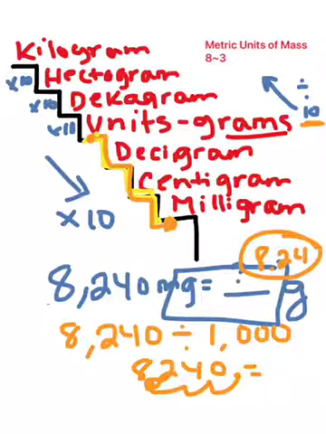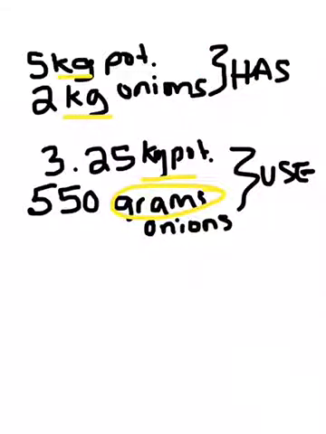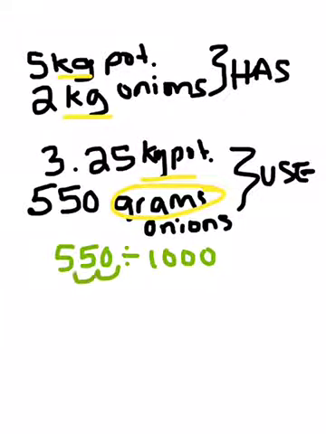So I'm going to change it to green. So 1, 2, 3. So we are going to divide by 1,000. Now he has 0.550 kilograms. Now that's going to make more sense when we do our adding and subtracting.